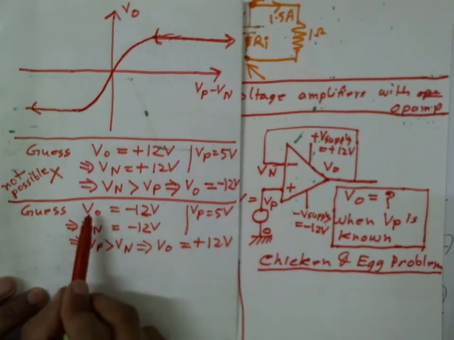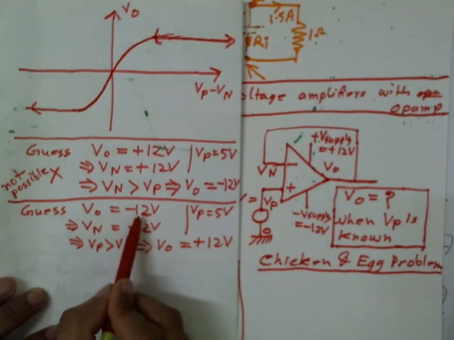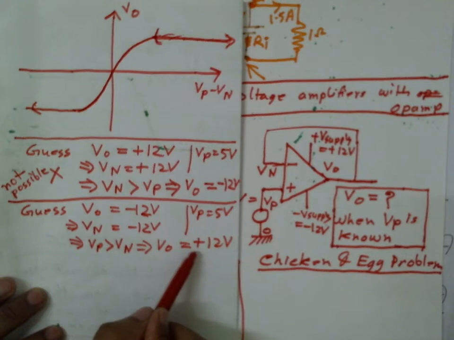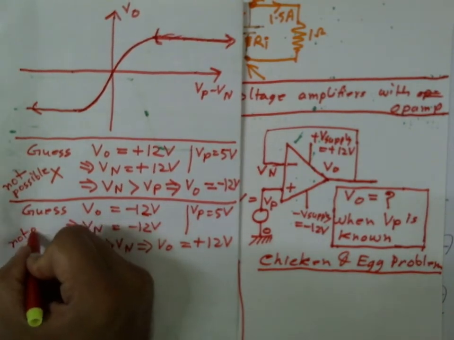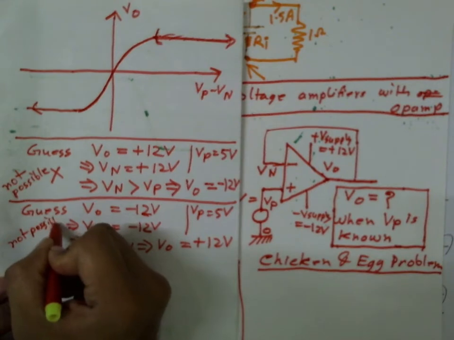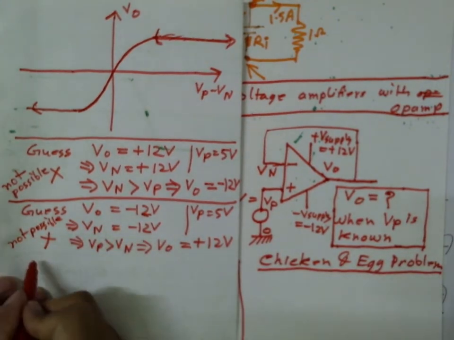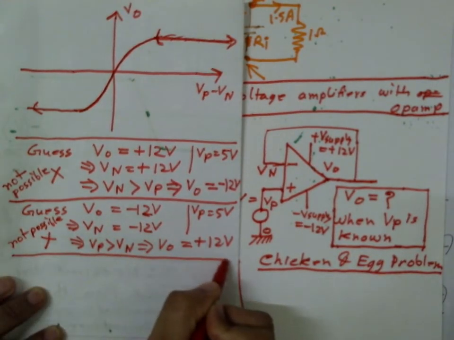Again a contradiction. We started with a guess that it's negative, but then we see that in this situation Vo should be positive. So this is also not possible. We failed to get a solution.